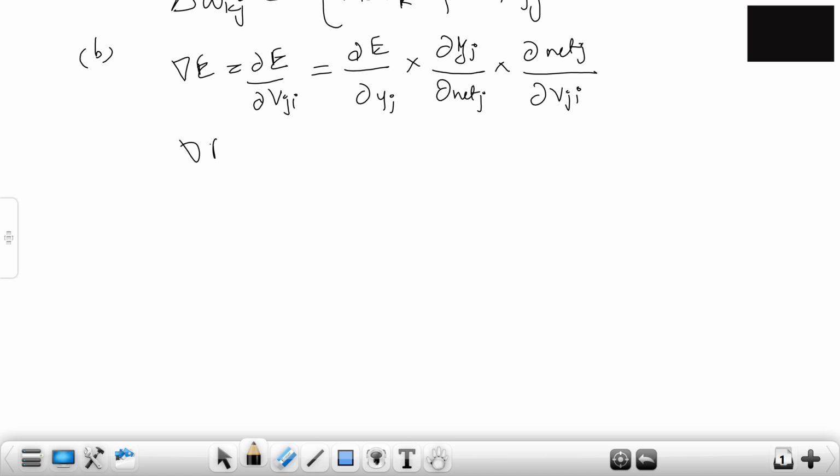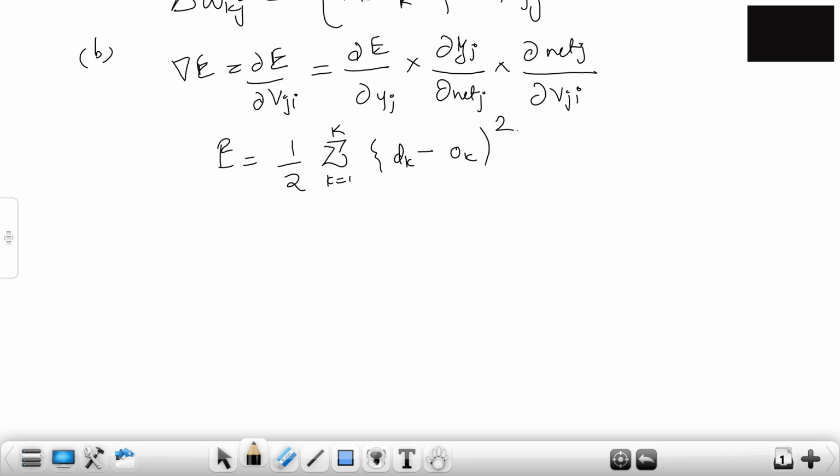So this is what we get. What is the error over here? Again, I'm going to write what the error value is. The error value is E equals half of the summation k going from 1 to K of (d_k minus o_k) the whole square. That's the error we have.